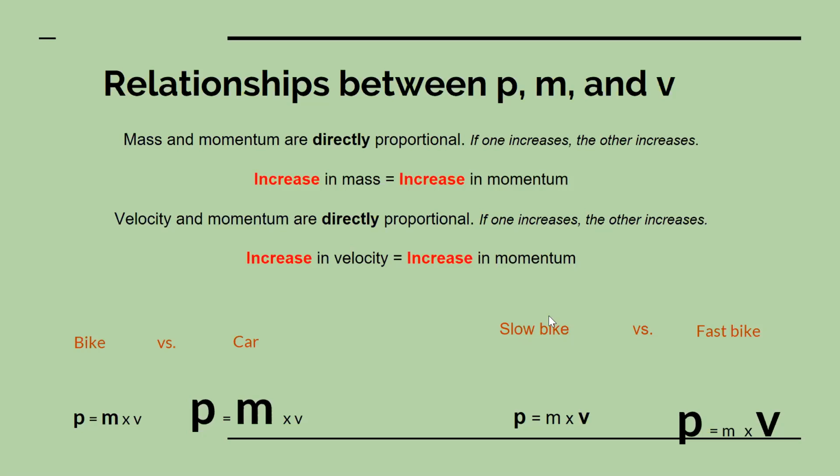So that's what I'm saying here for the slow bike versus the fast bike. This one, the speed is not as big, so the momentum is not as big. Over here, the speed is bigger, so the momentum is bigger. If I increase velocity, I will increase momentum, or if I increase mass, I will increase momentum.